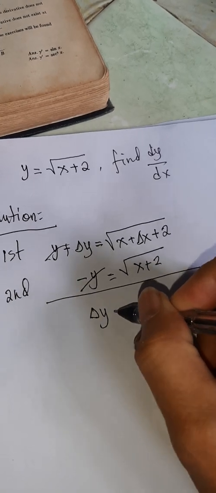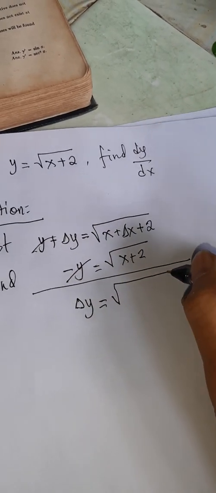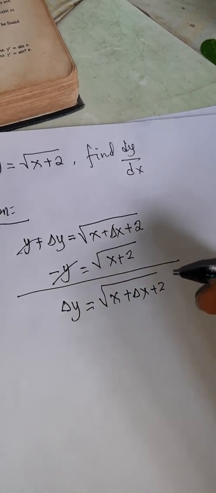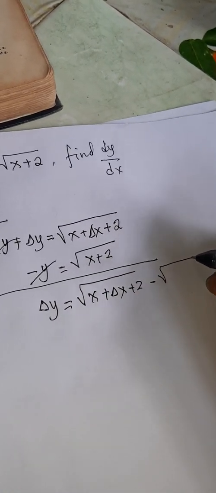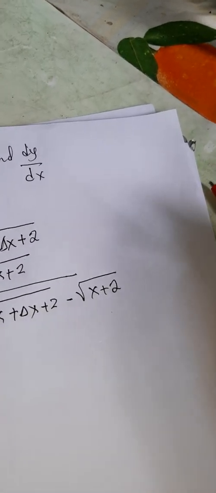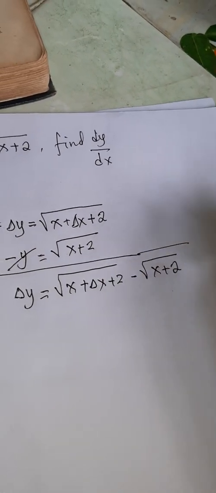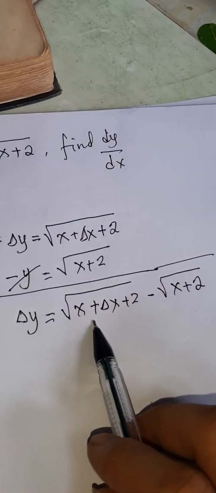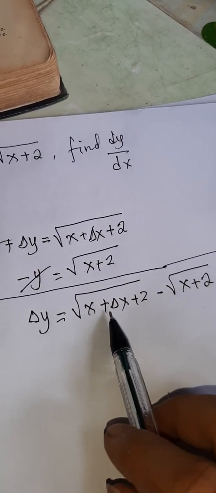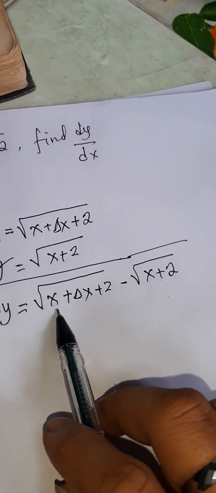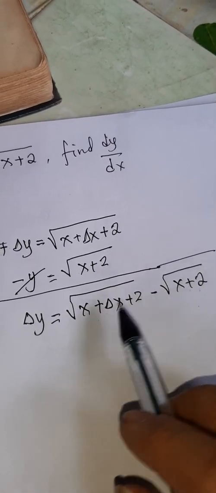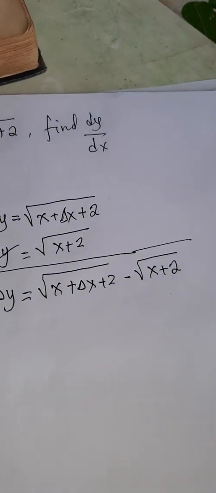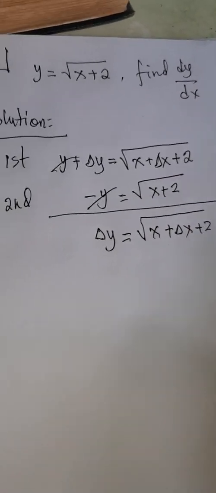Matitira delta y is equal to square root of x plus delta x plus 2 minus square root of x plus 2. Since makikita nyo na hindi madaling i-subtract yung mga variables sa loob ng radicals, kaya gagawin natin, hanapan natin ng solution yan.